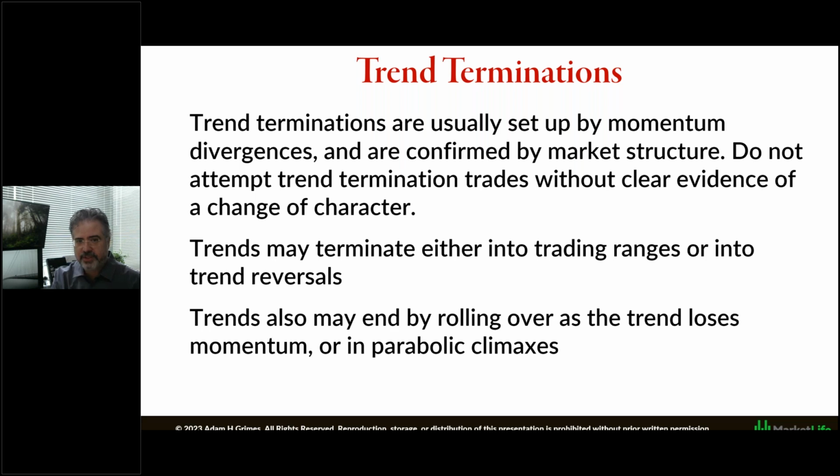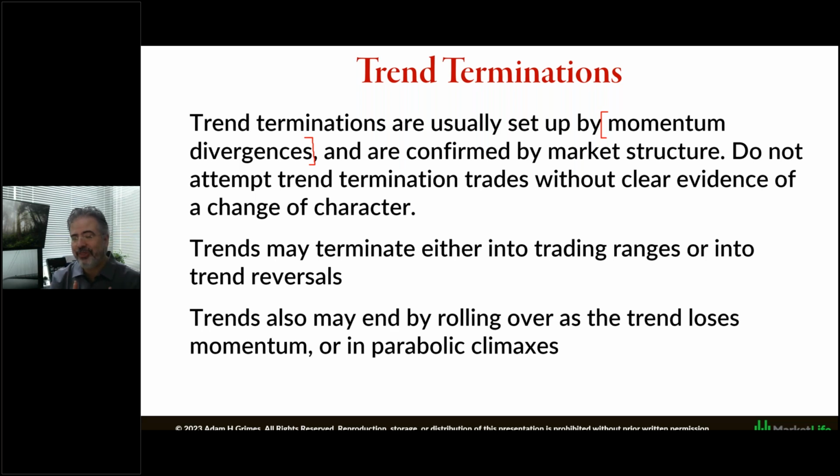Trend terminations are usually set up by, this is something from the first book, and I would actually disagree with this in terms of utility. It's true that if you look at trend terminations, they're usually set up by either some kind of lagging, I almost said flagging, but that's bad, some kind of rolling over or reduction of momentum, which reads as a momentum divergence, or by climax.